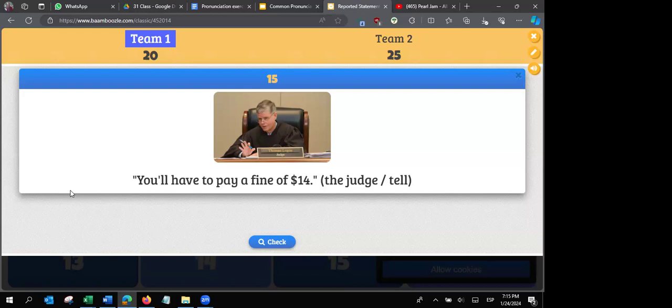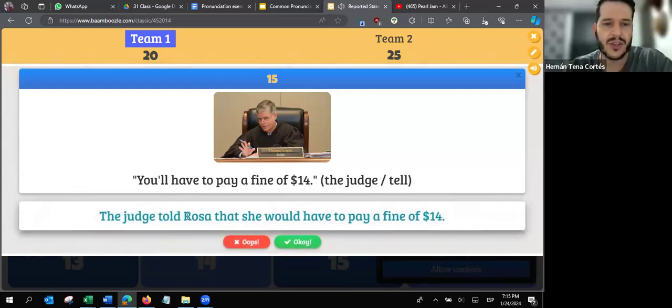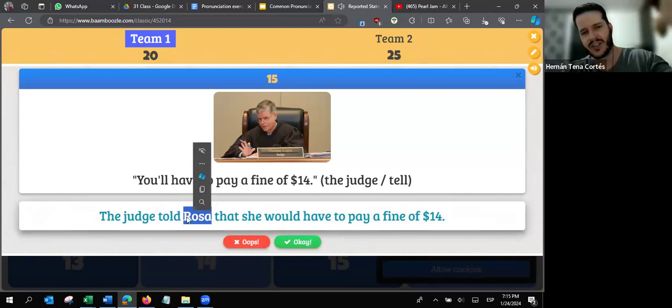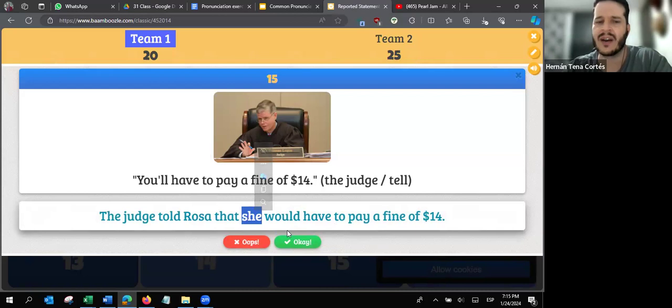The judge tell me we have to pay a fine of $14. Yeah, the judge told me, we're going to change Rosa for me. The judge told me that I would have to pay a fine of $14. You got it. Very good. The judge told me that I have to pay a fine of $14.